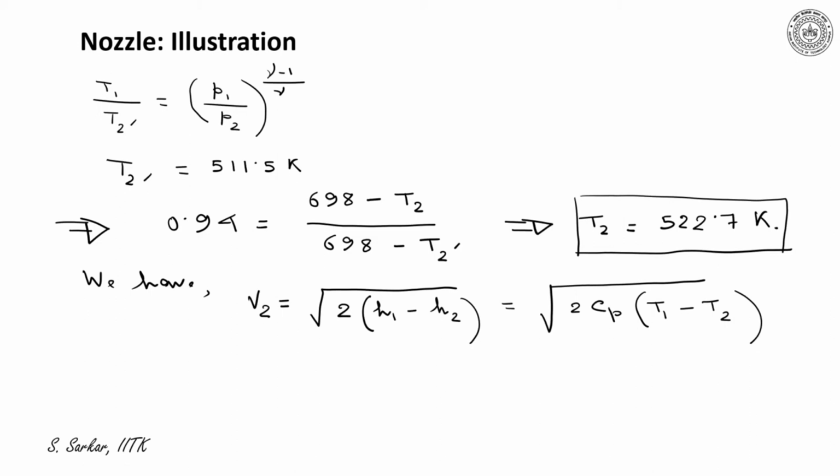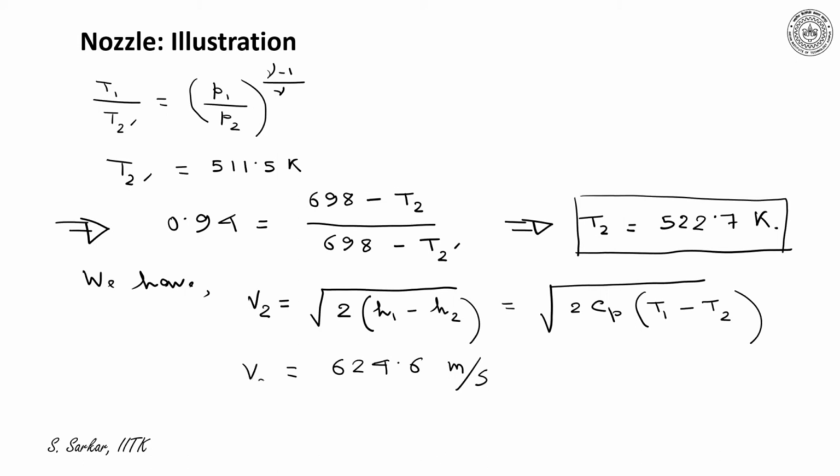If you put all the values and calculate, you will get V2 equal to 624.6 meter per second.